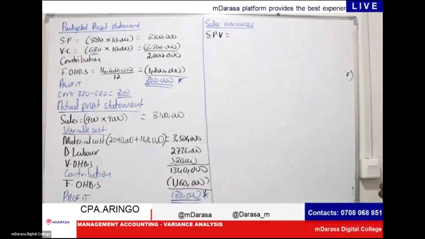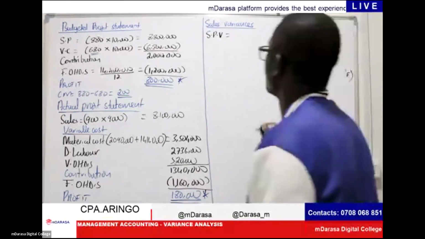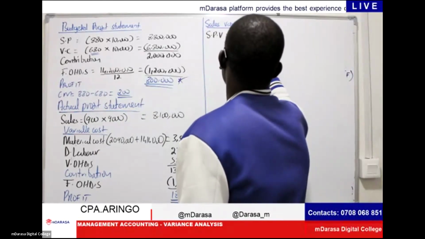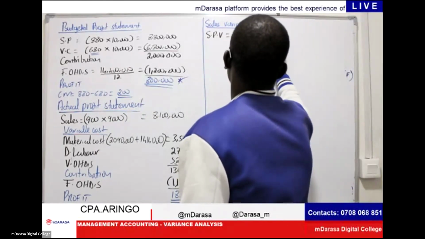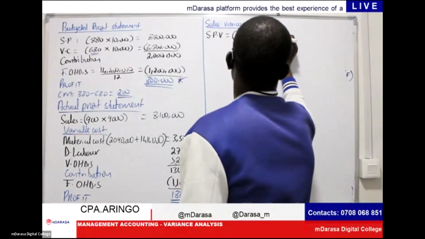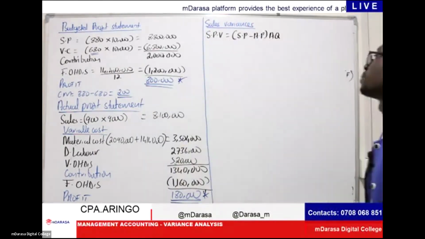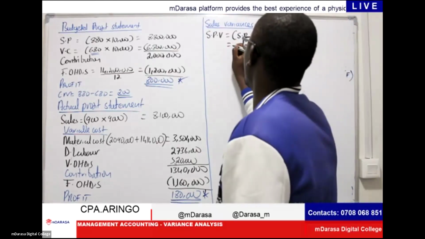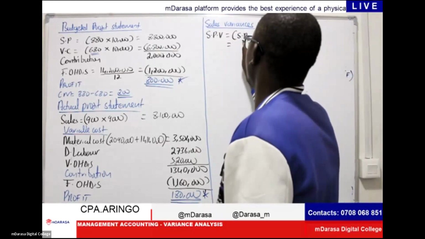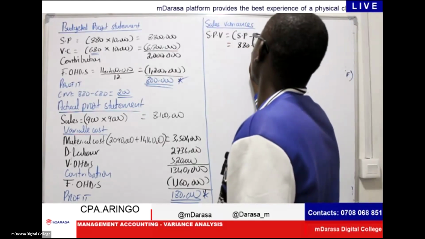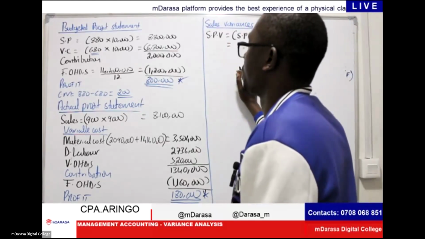The formula will never change. You consider the difference between your standard selling price and actual selling price, multiplied by the actual quantity. So what will we have? The standard selling price per unit is 880.